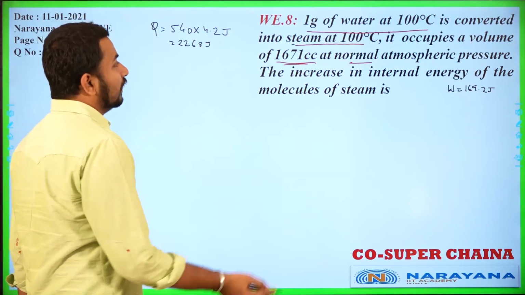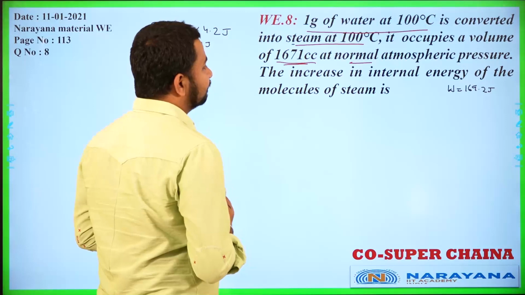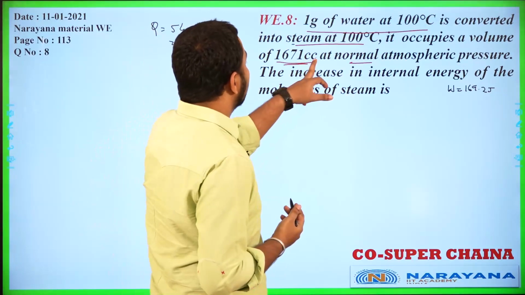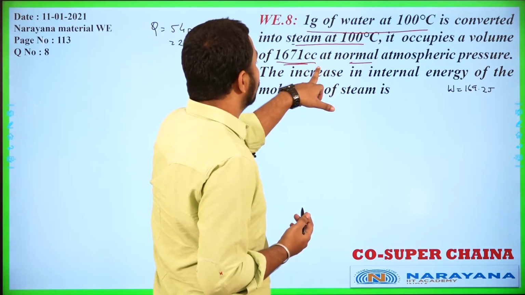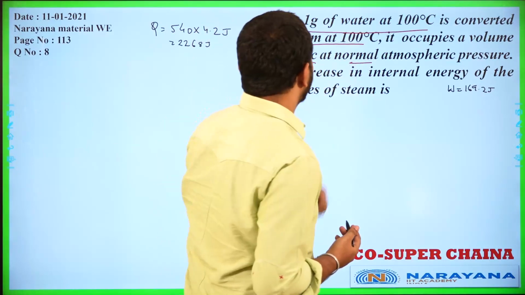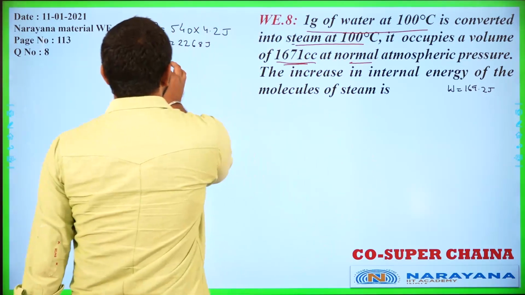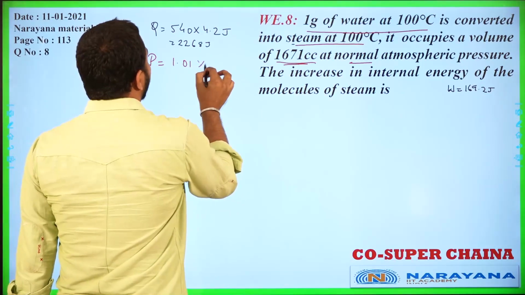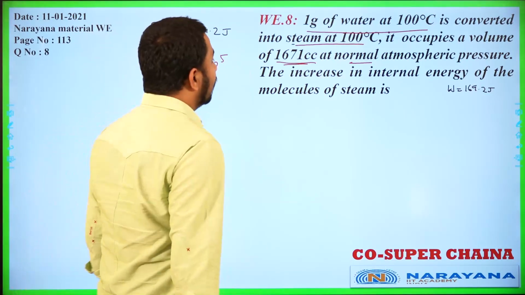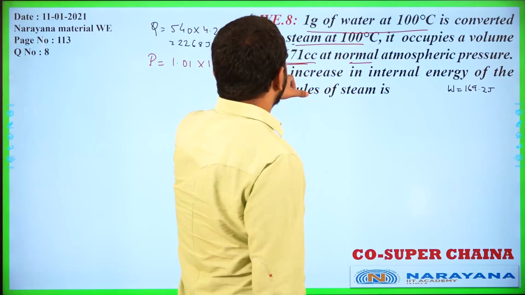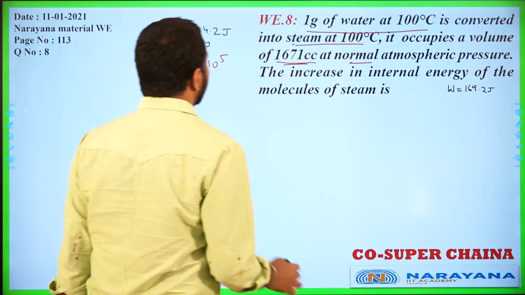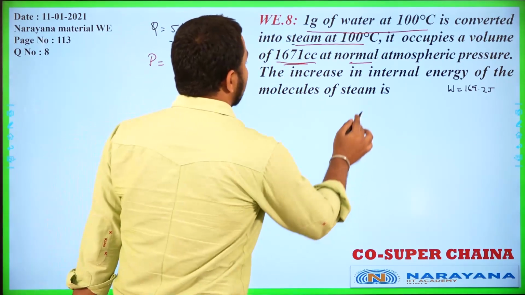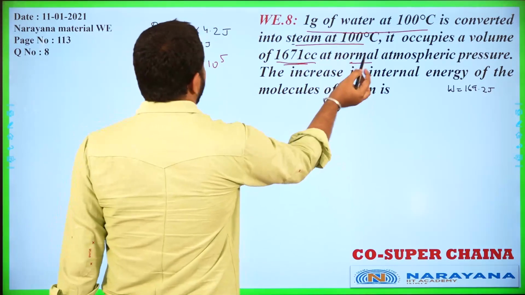Here 1 gram of water is given, the volume is changing and the normal pressure is given. So P will be equal to 1.01 into 10 to the power 5. Work done we can find, and we can find the Q value also.